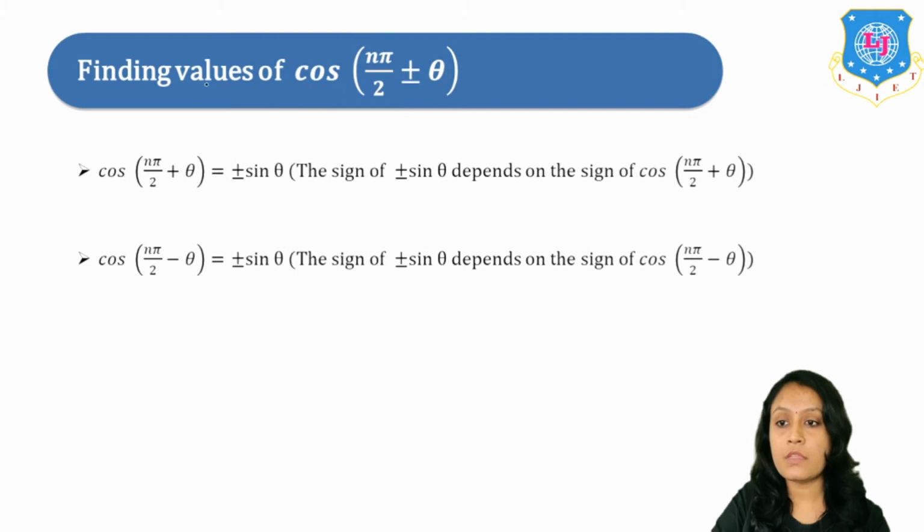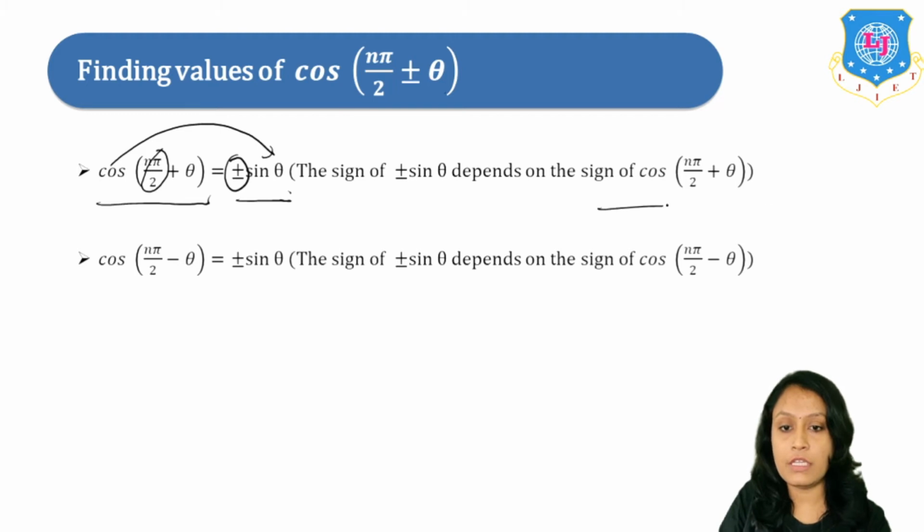Now the values of cos of n pi by 2 plus or minus theta. So cos of n pi by 2 plus theta will give you plus or minus sin theta. If we have pi by 2 over here, the cos function will change to sin theta, and the sign will depend on cos of n pi by 2 plus theta.